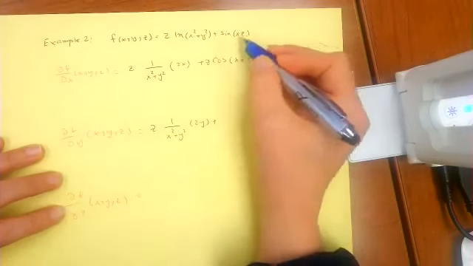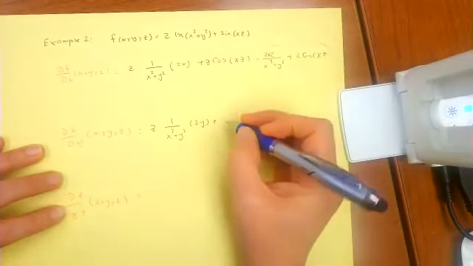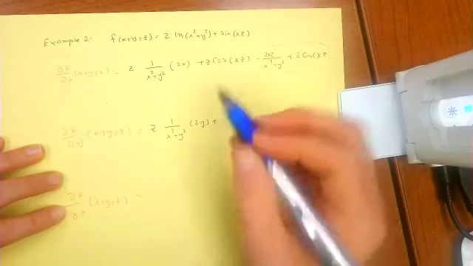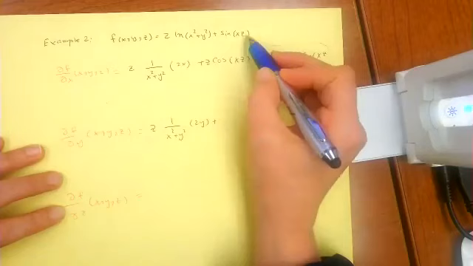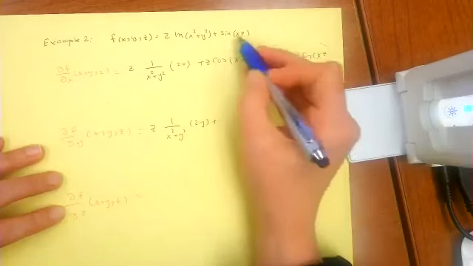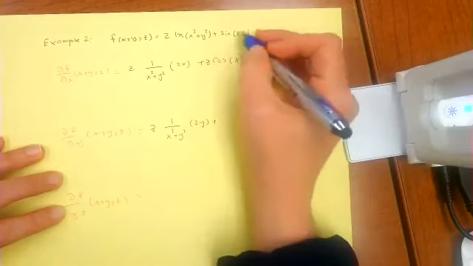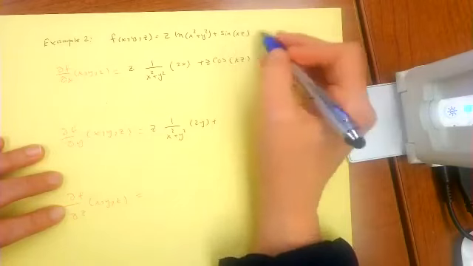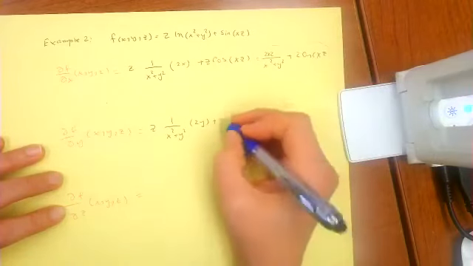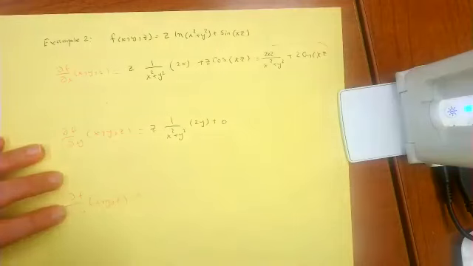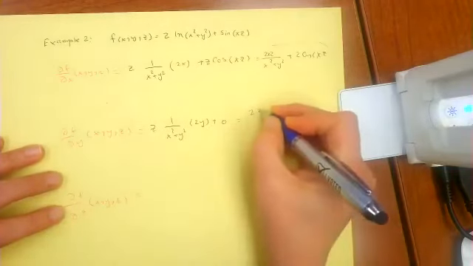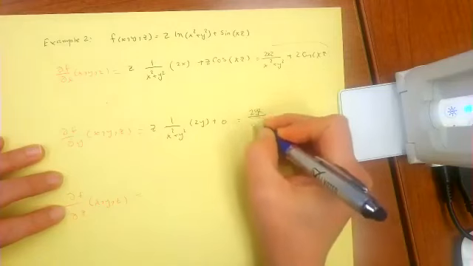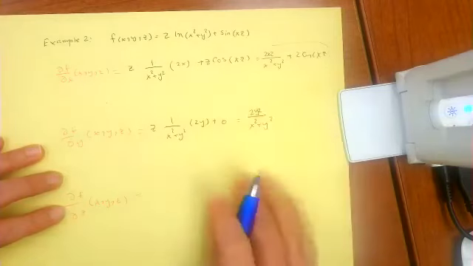Now, sine of xz, this time around, there is no y in it. Therefore, x times z is a constant, sine of a constant is a constant, therefore the derivative is 0. Derivative of a constant is 0. So you end up with 2yz over x squared plus y squared.